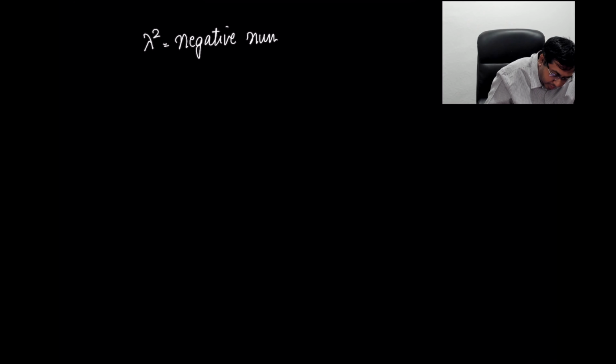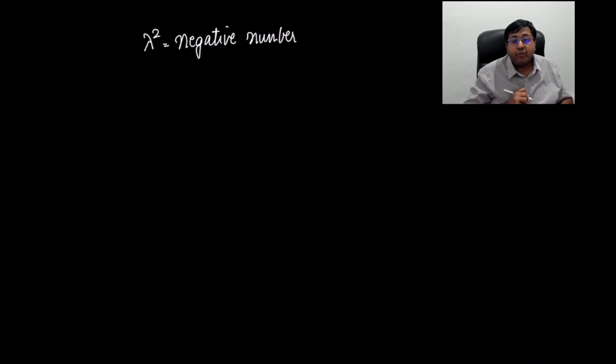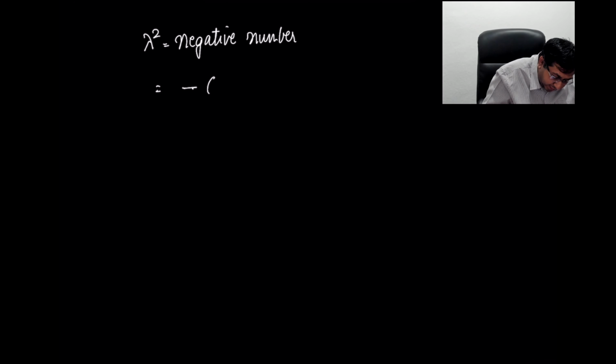So the second thing, as we remember, we said our lambda square is equal to some negative number. And if you remember, on the numerator we had some quantity plus or minus another quantity divided by another quantity.